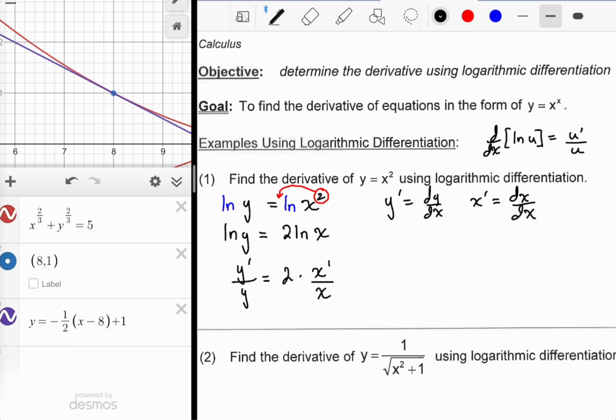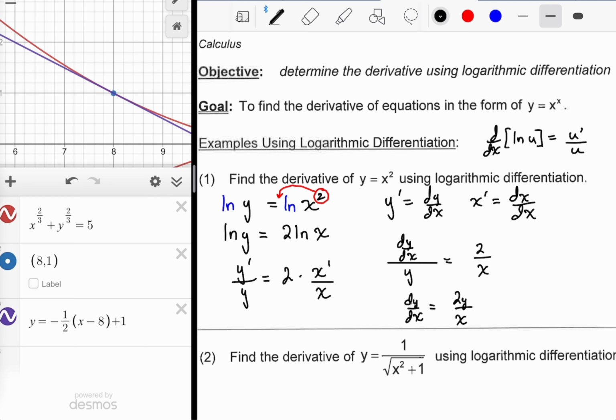So what we're getting here is dy dx over y is equal to 2 over x. Then we just have to solve for dy dx. And that's multiplying both sides by y. So dy dx is equal to 2y over x.